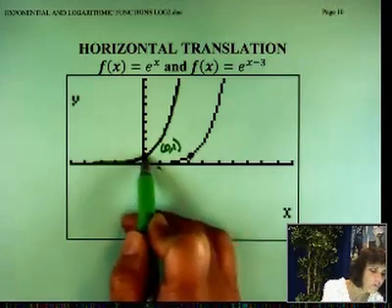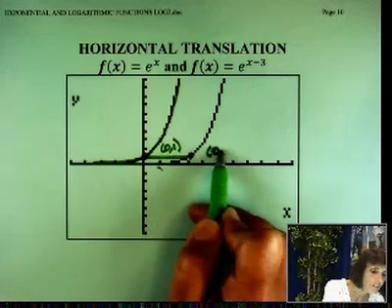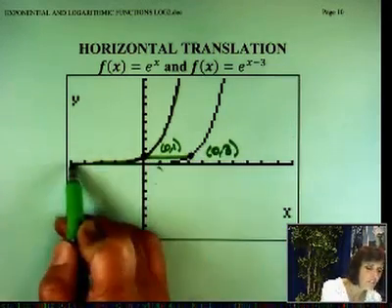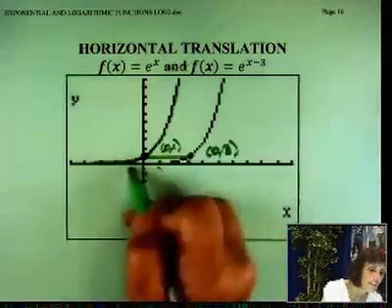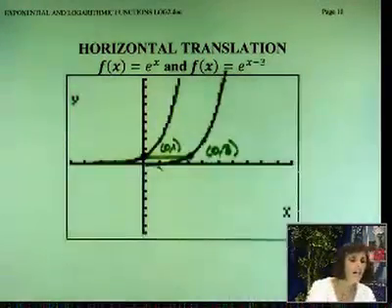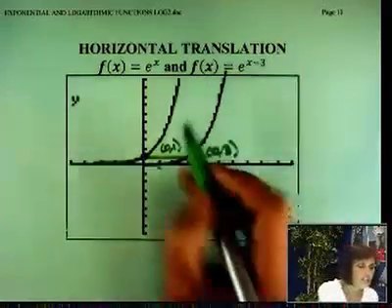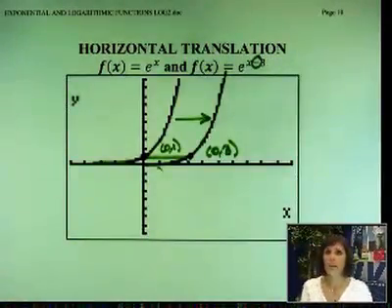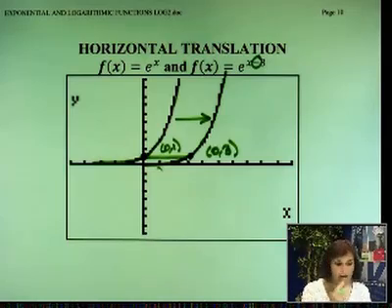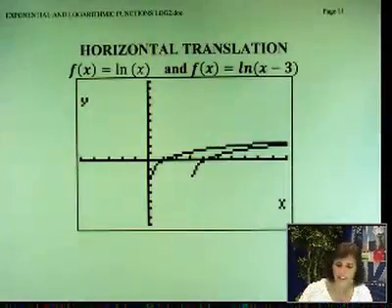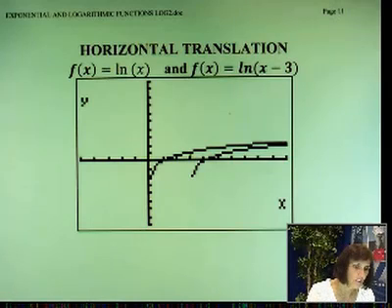And this will become 0, 3. Okay? So I will move this to this, and it's going to stay parallel, with the horizontal asymptote moving. Horizontal translation. It moved to the right because of the negative. If it was positive, it will move to the left. So you don't have to have all these points plugged in to do those translations.